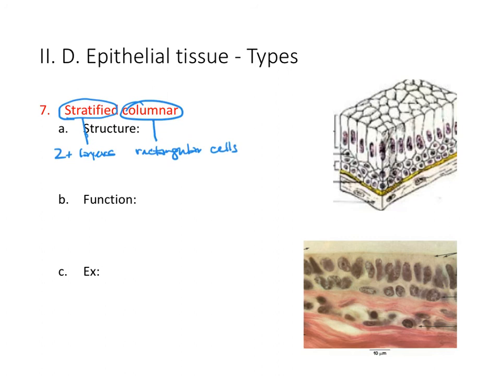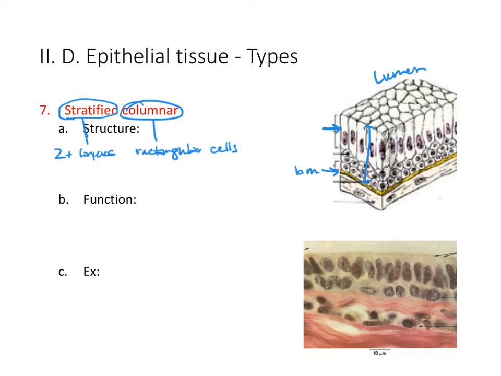And so if I look over here at the picture, this is another one off the internet because your book didn't have a picture. Here is the basement membrane. Here is the lumen. I'm going to have multiple layers of cells, and the ones at the top here, the apical cells, are going to be rectangular.